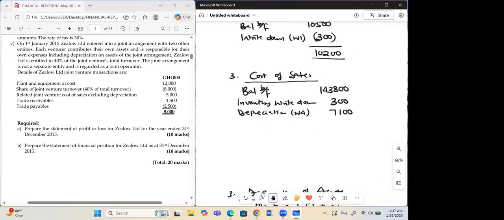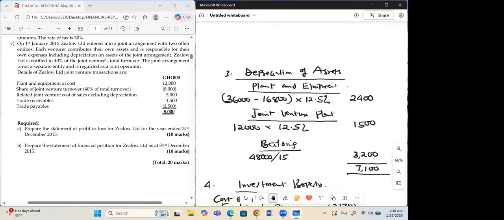These are cost of sales. How much is the joint venture cost of sales? 5,000. So you add it to it. So please add the 3,000 to the cost of sales, the 5,000 to the cost of sales, and then let's move.